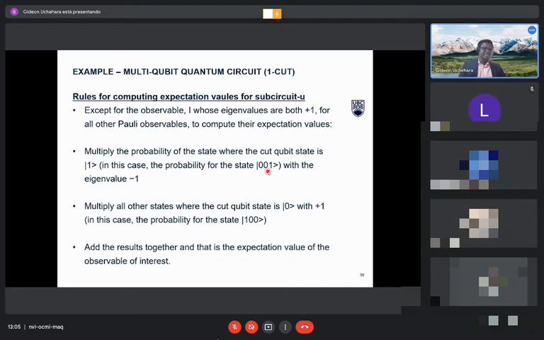then I would multiply the probability value for the 000 outcome by +1, and that for the 001 outcome, I'll multiply by -1. And take the sum of these. We know that that's what expectation value is all about: it is the probability of that state times the eigenvalue for that state.